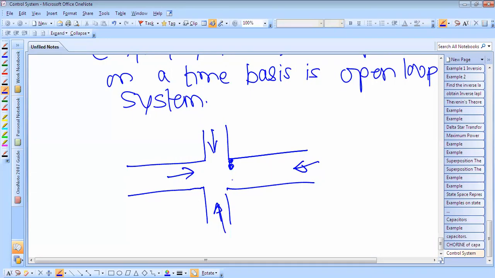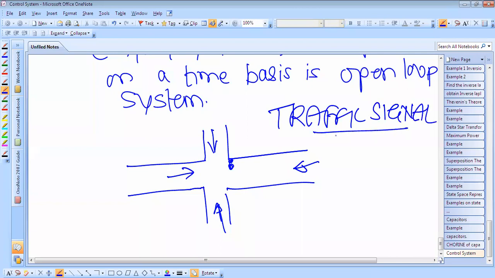So if these signals are operating on the time base, then this is a traffic signal which is operating on time base. If it is operating on the time base, then it will be the example of the open loop control system.